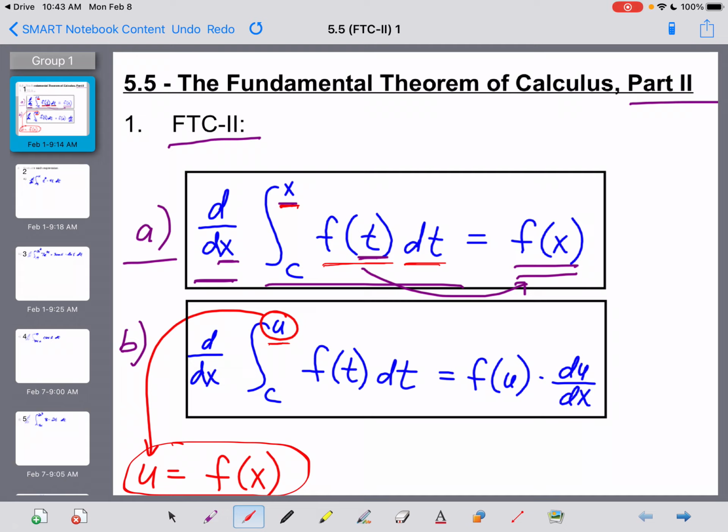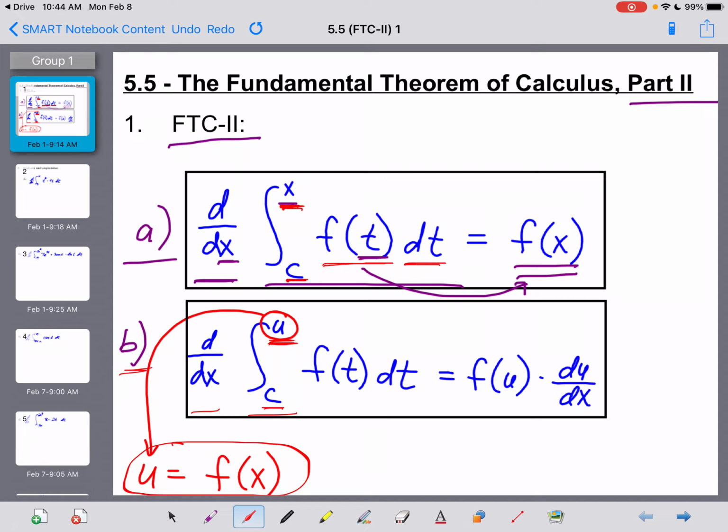So you would use version A of this formula if you were asked to take the derivative of a definite integral from some constant like 2 up to just x. But you would use the second version if you were asked to take the derivative of a definite integral from some constant on the bottom like 2, not to just x, but to a function of x, like 3x squared plus 5x minus 2, or cosine of x, or e to the 5x plus 3.